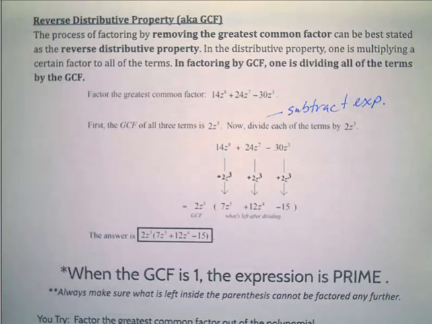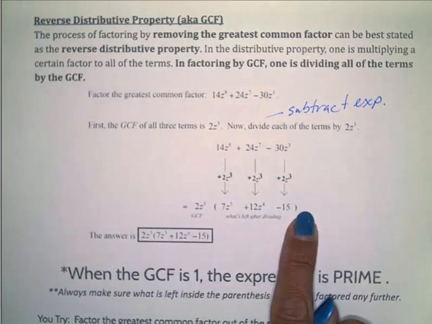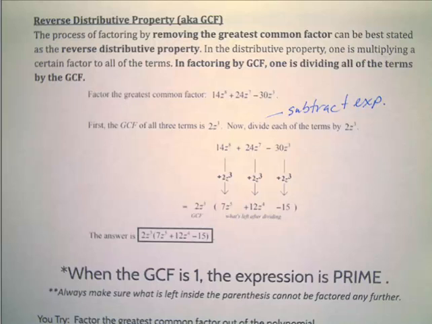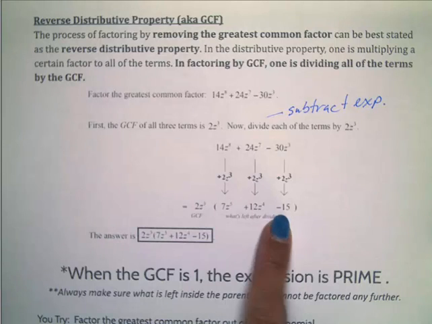So this example that we were given has to equal our factored form. If there is nothing in common, then your expression is prime. And you always want to make sure what is left inside the parentheses cannot be factored any further. So this trinomial cannot be factored any further. Hopefully you can see that.